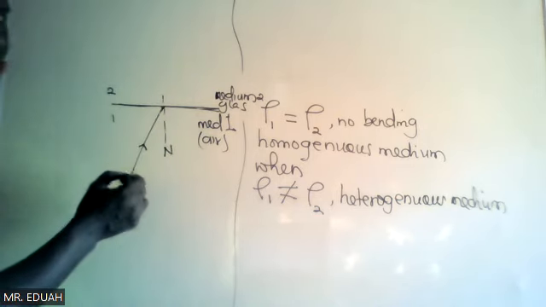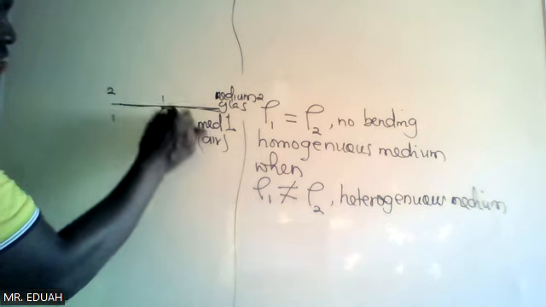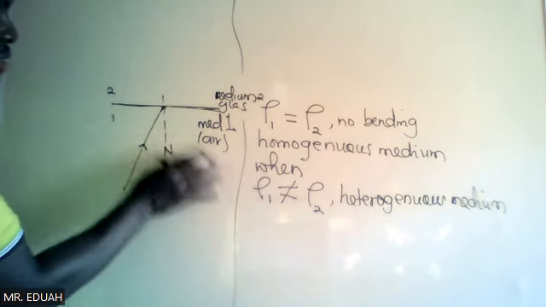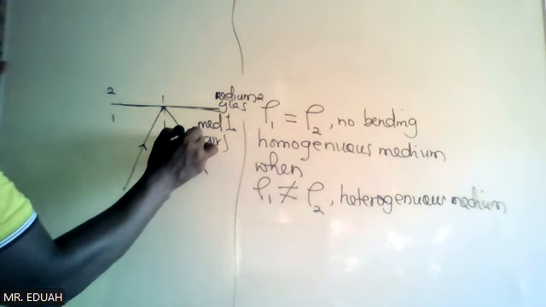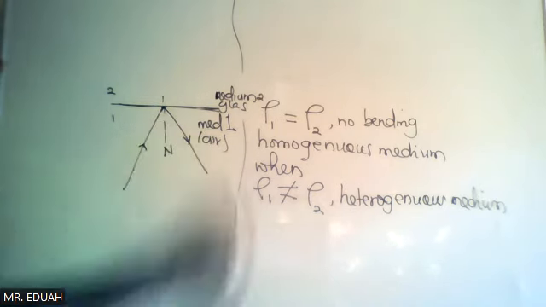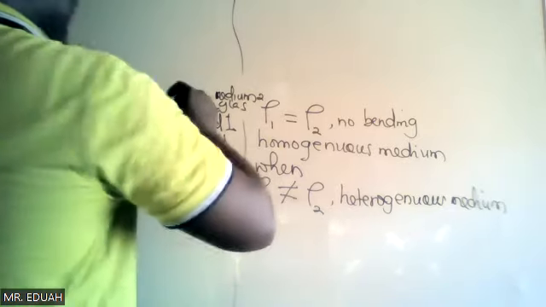Part of the incident light is reflected. So part of it is reflected. And a greater part of it is refracted.